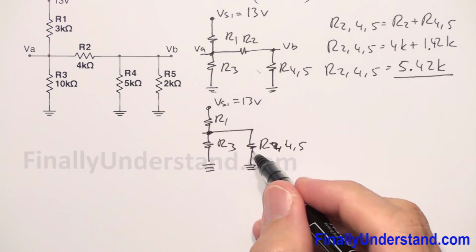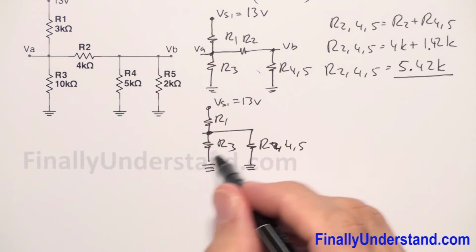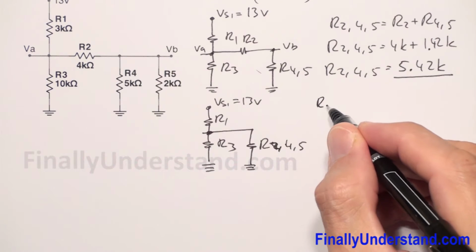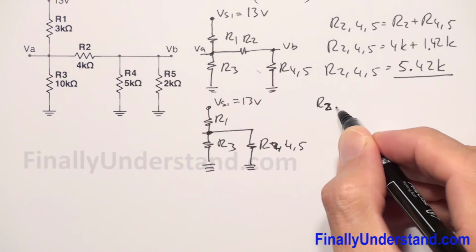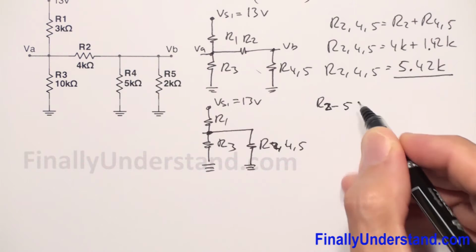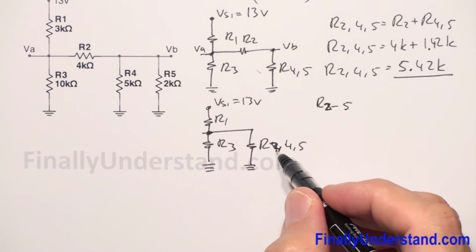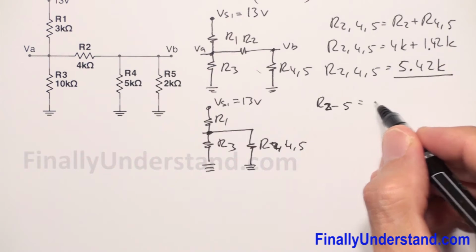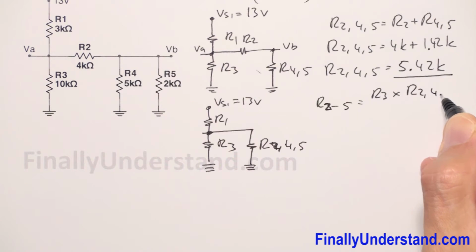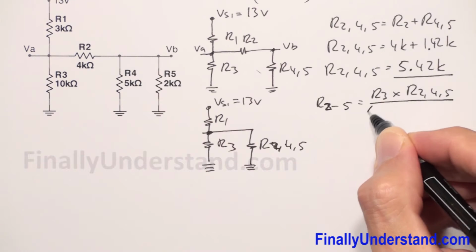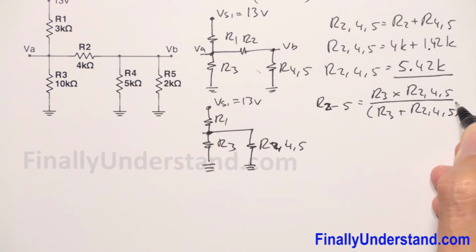So I'm going to use product over the sum and find the equivalent resistance for these two. I have three resistors combined together, 2, 4, 5, so R2345 is equal to R3 times R245 over R3 plus R245.